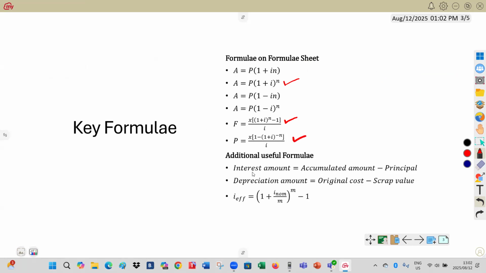So to get that, we are going to have our formula there.